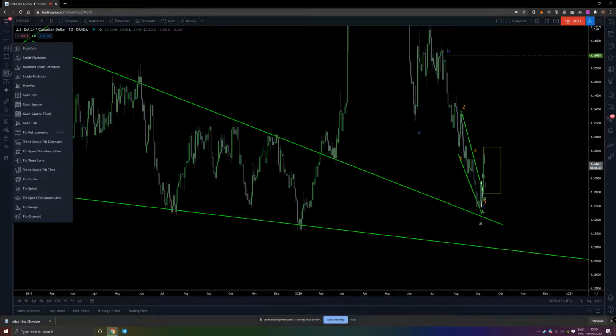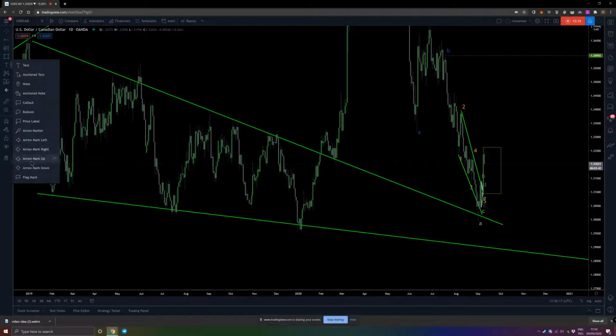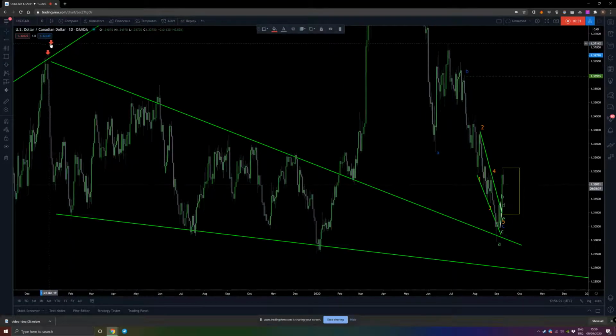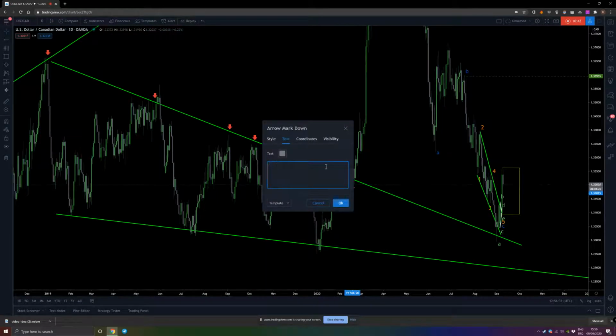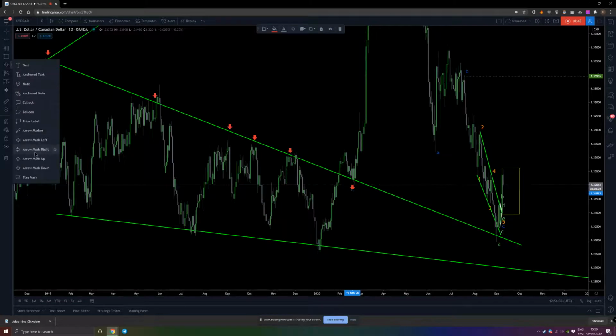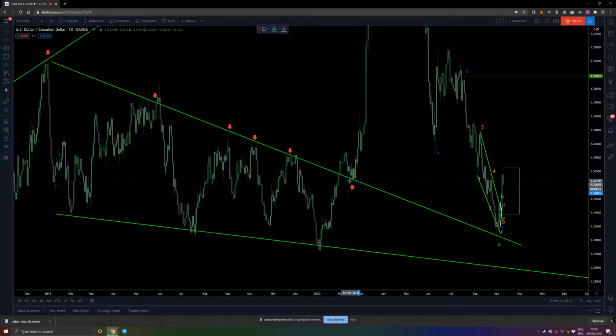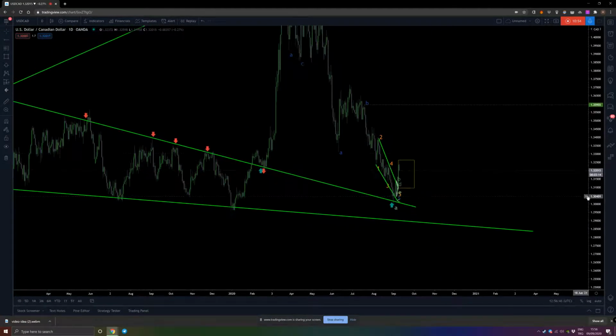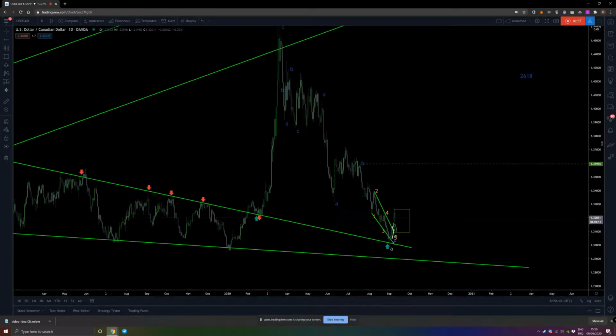Well, like I said before, this was one, another one, another one, another one, another one. Then of course it became the resistance. Let's change this. So the resistance, and then acted as a resistance. So that can be something.